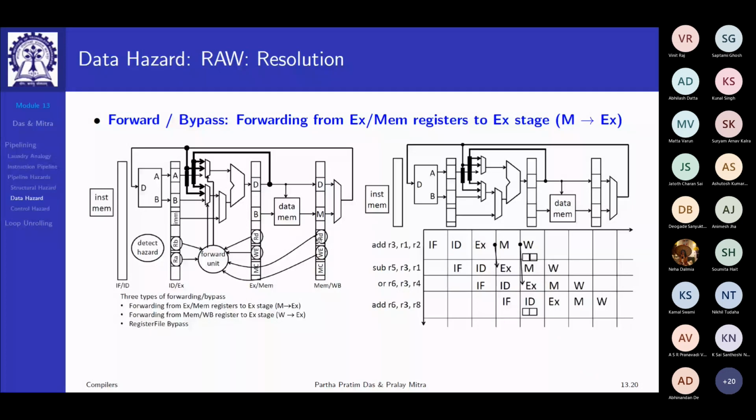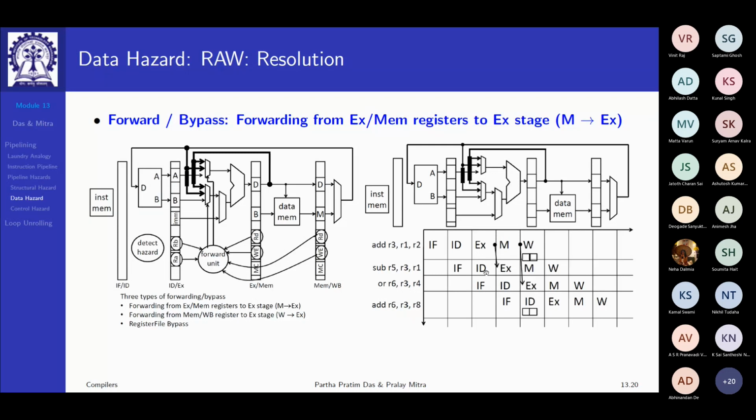You can look at the add right here first. After add is done, that is, R1 plus R2 has been computed into R3 in the EXE stage, you have the value of R3 here itself, though it is not yet available in R3. So instead of trying to read it from R3, it can directly pass that value on.